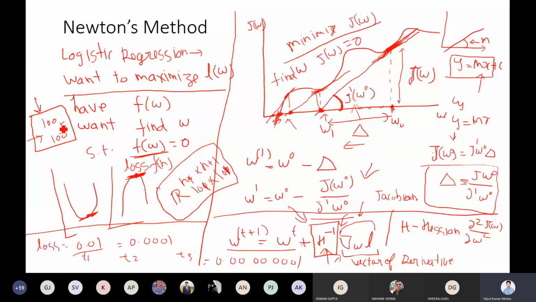Then Newton's method almost fails, or takes plenty of time to compute the inverse of the Hessian matrix. That's why we are not using Newton's method for image processing or deep learning problems: it is computationally very expensive.